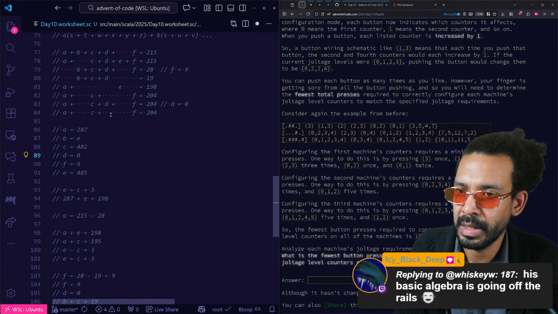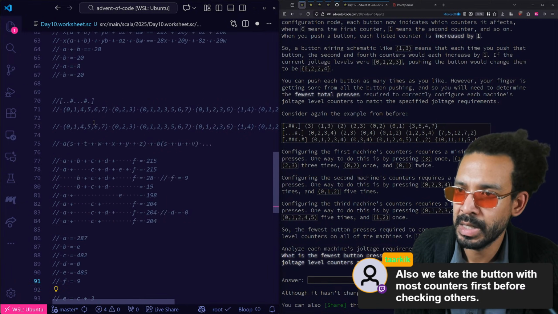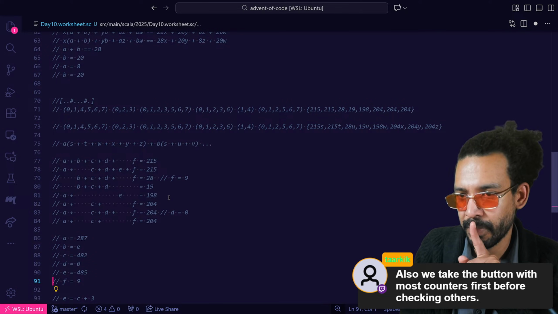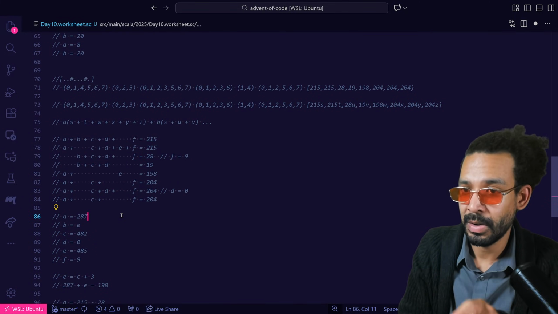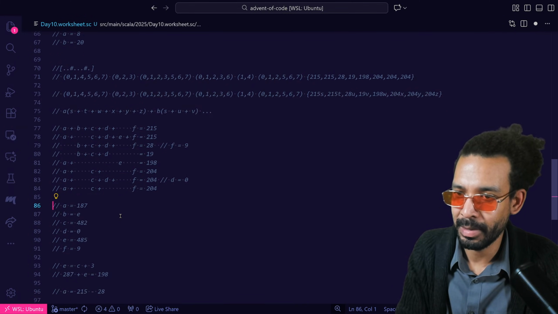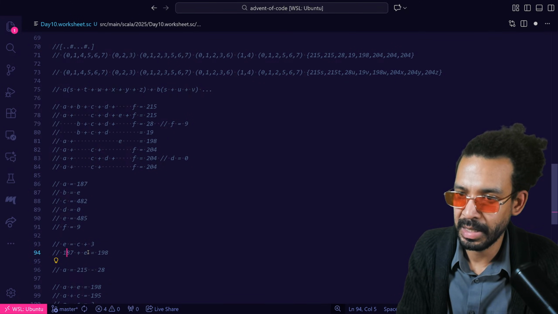A, B, C, D, E, F. Were there only 6 buttons? 187. Oh, yes, you're right there. That changes the math of other bits. I think these two just both go down by 1, right? Because 187 plus E equals 198.